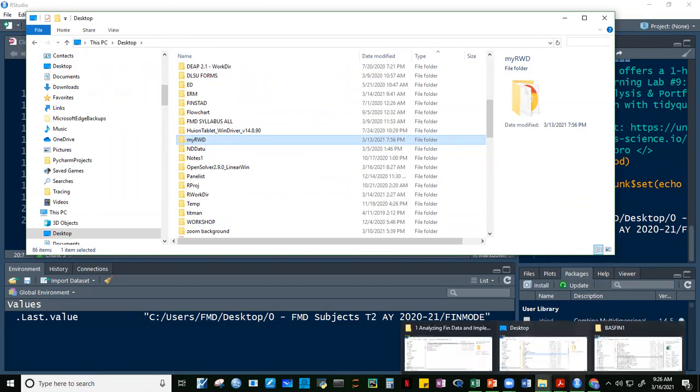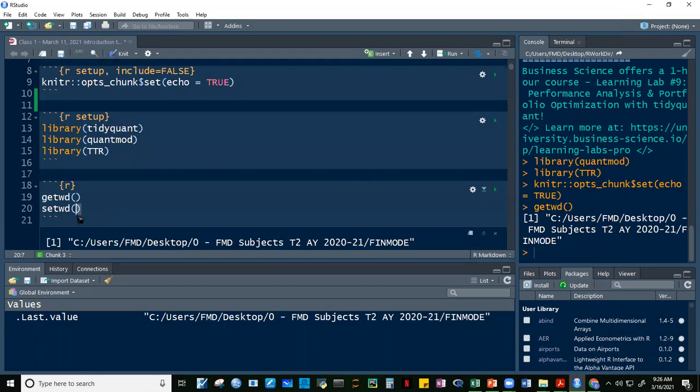Then let's go back to R and paste it here, but we have to convert the backslash into forward slash because R will not read the backslash. Okay, so now I have set my working directory.